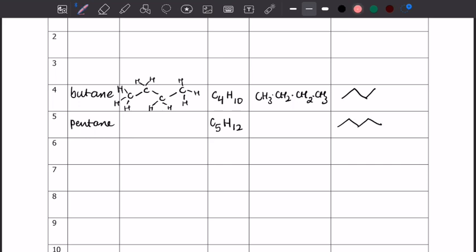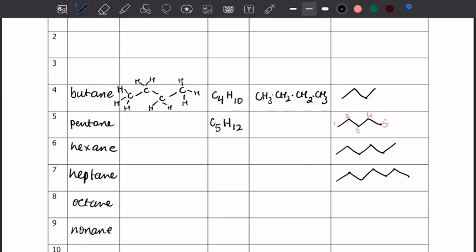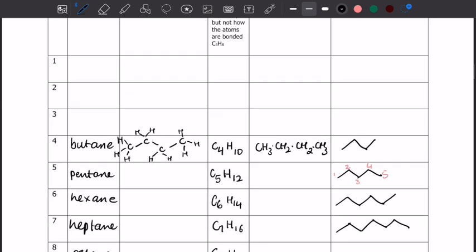If you need, you can write numbers on top of those dots for the carbon atoms. So you have a 6 carbon atom chain and a 7 carbon atom chain, hexane and heptane. 8 carbon atoms would be octane, 9 carbon atoms would be nonane, 10 would be decane. Go ahead and fill in your molecular formulas. Let's take a second and complete the table for propane, ethane and methane as well.